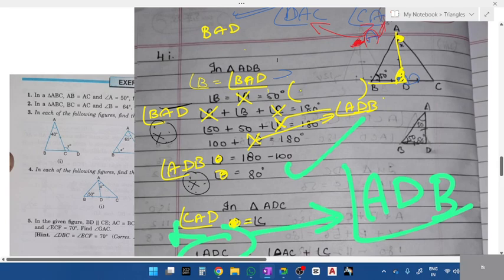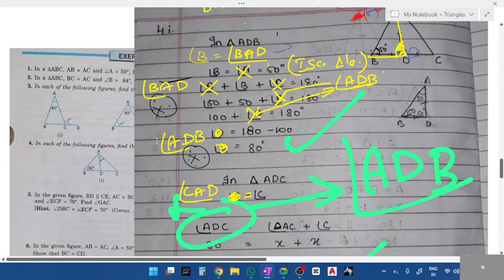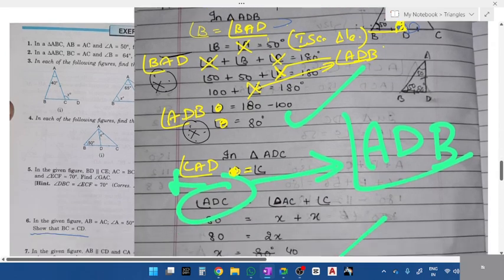There you have to mention isosceles triangle: angles opposite to equal sides are equal. You have to write that statement. Other than that, the answer is right. Only the way I've written is not correct. So CAD is equal to angle C.